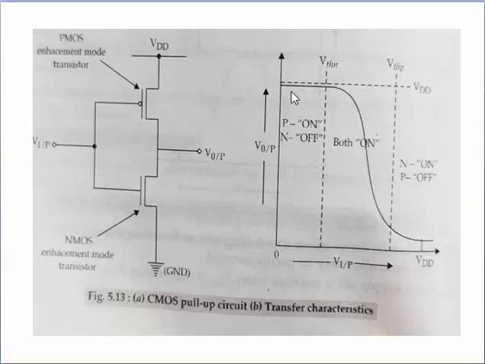In region 2, the voltage at the input has increased to a level which exceeds the threshold voltage of the NMOS transistor. The NMOS transistor conducts, and a large voltage is present between source and drain, so it is in the saturation region.